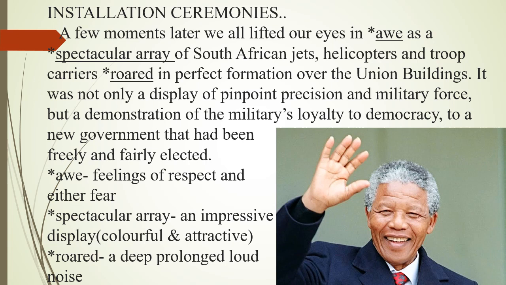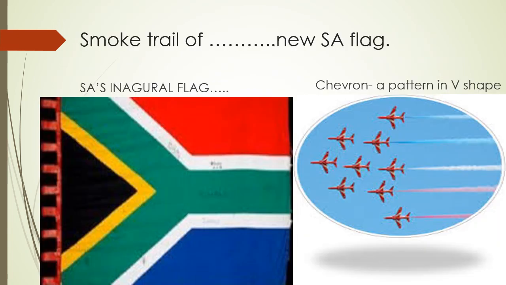It was really a perfect performance of military force towards the formation of the new government and the new president, Nelson Mandela. Here, the word awe represents feelings of respect and either fear, and spectacular array means an impressive, colorful display.